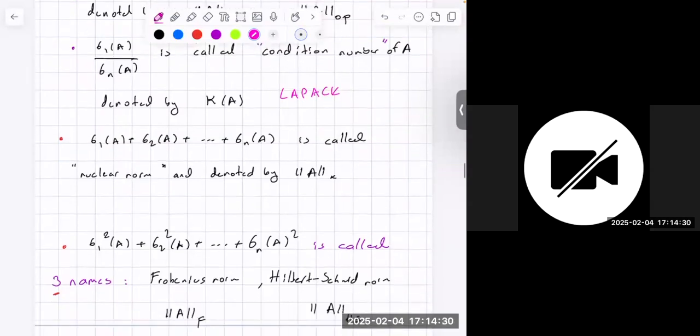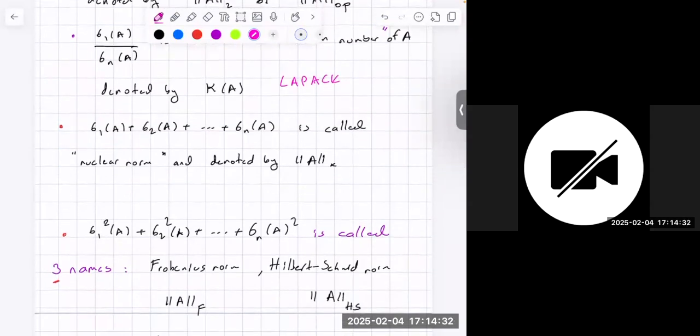Okay. Now you can look at the biggest singular value, the smallest singular value, their ratios. Well, you can do other stuff too. You can, for example, add all singular values to each other. This is the matrix analog of the L1 norm. We talked about L1, which was about whether your vector is sparse or not.